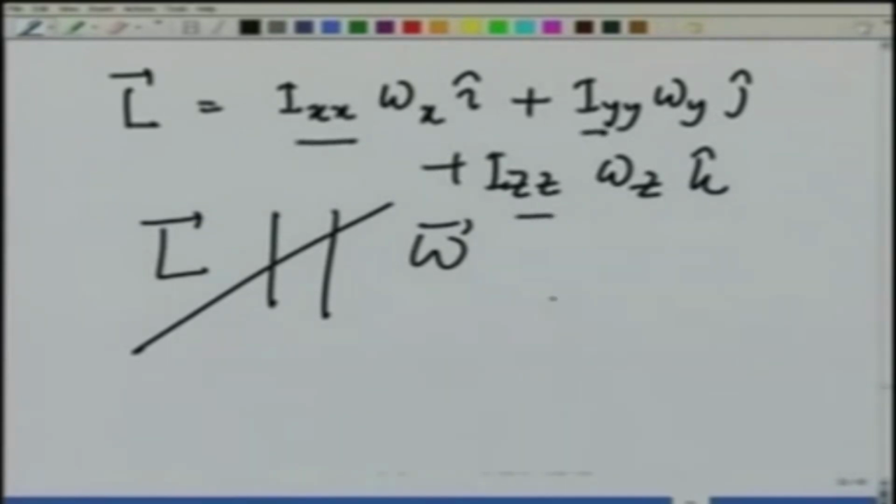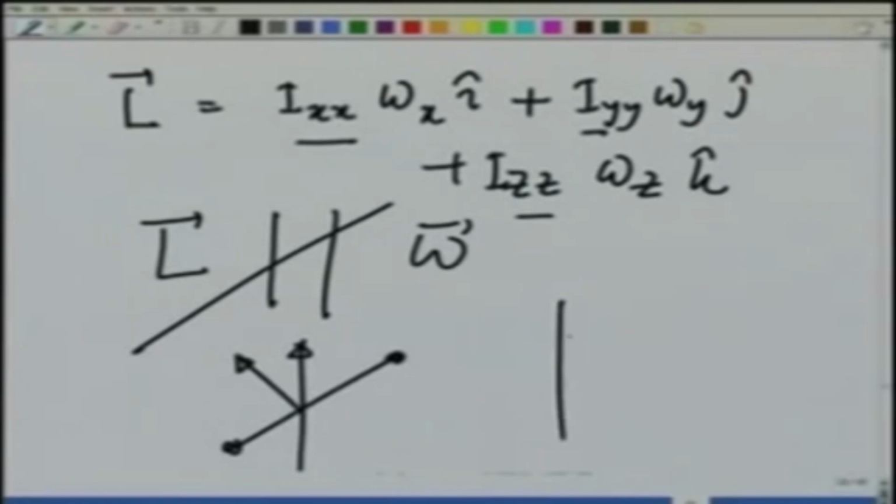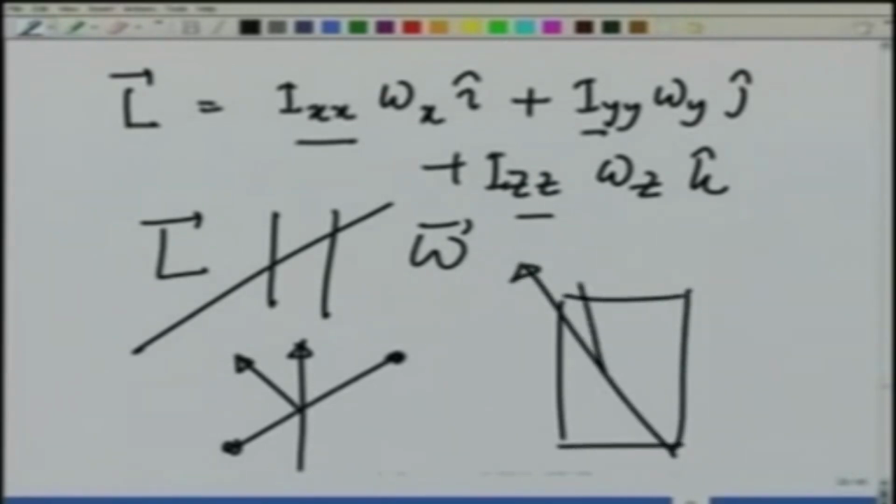So, in general, for example, in the rod example, omega was this way, L was this way. In the rectangle example, omega was this way, L could be at some other angle, either this way or this way, depending on a and b. So, L and omega are not parallel, and L rotates about omega, and this gives rise to very interesting dynamics, as we will see in the coming few lectures.